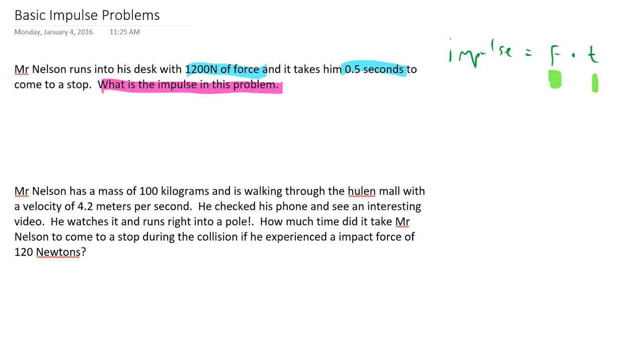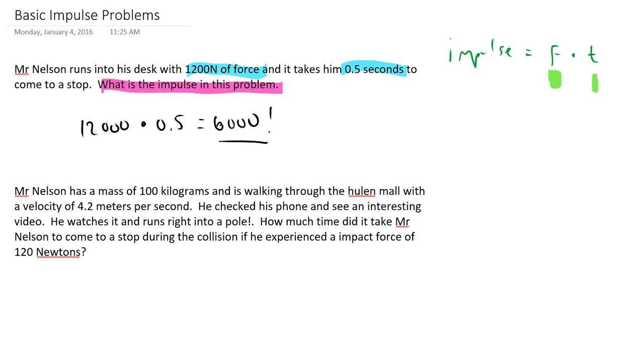We have our force, which is 12,000, and we multiply that by our time, which is 0.5. So I have an impulse of 6,000, which is my answer for that one. Pretty easy, we just have to multiply.